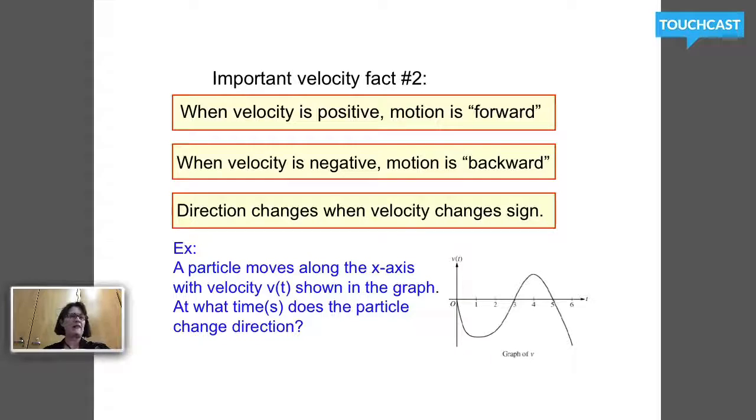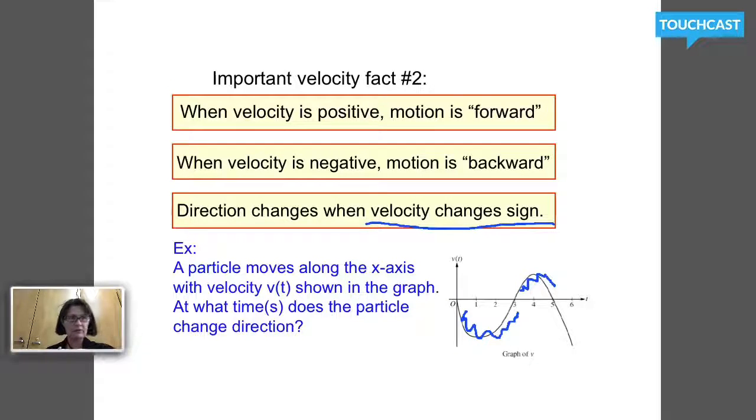So here's a question. If this is the graph of the velocity of some particle, something that's moving, at what time or times does the particle change direction? So let's check this out. My particle is going to change direction anytime velocity changes sign. Notice this picture tells me that the velocity was negative, negative, negative, and then positive, positive, positive.